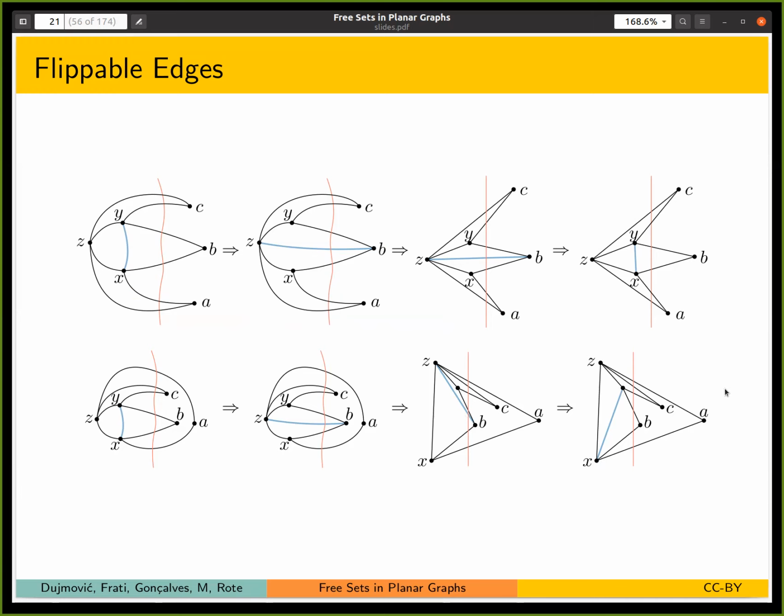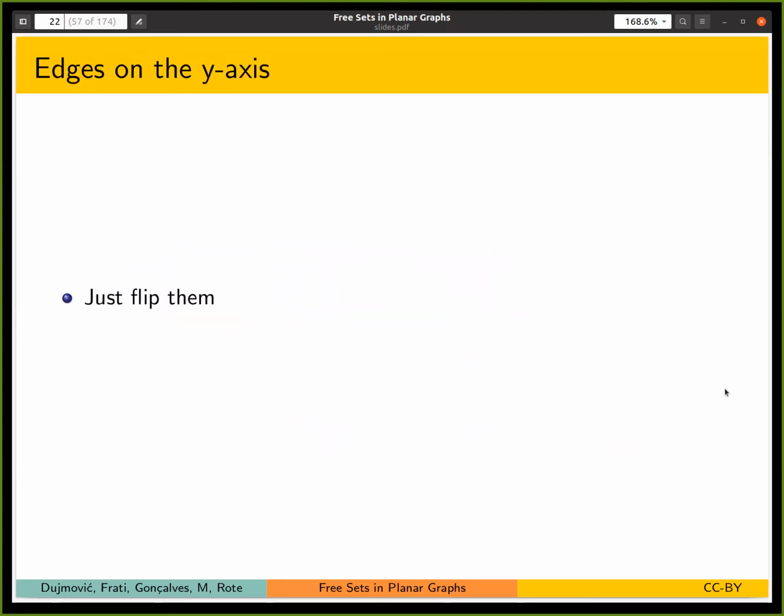Okay. And then there's edges that are actually on the y-axis. You just flip them and now they cross the y-axis.